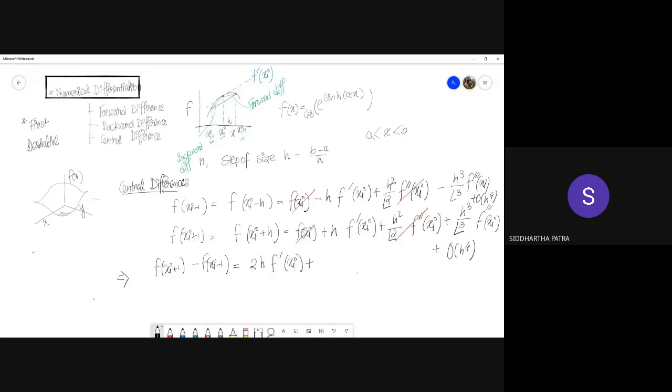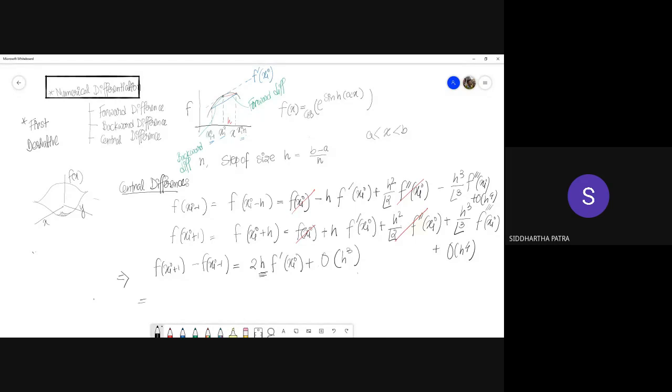Up to h squared is cancelled, but h cube does not cancel. So we have the first term, which is linear in h, and the next term is not quadratic in h. The remaining set of terms are of order h cube.